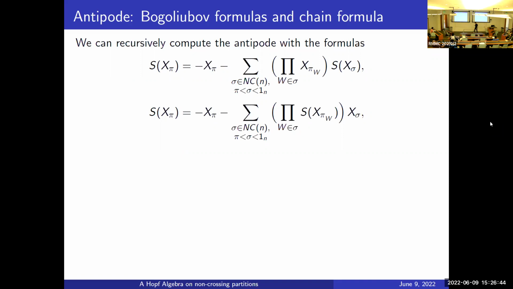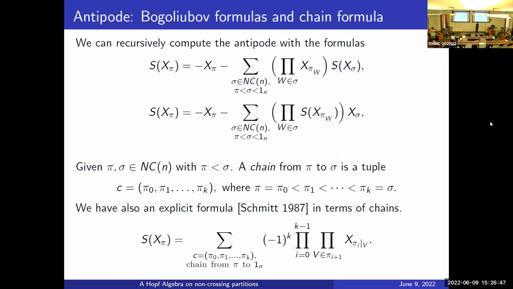Now, there's also a general way of giving a formula for the antipode that is no longer recursive, that is a specific way of telling you what the antipode is. And this can be done using chains. A chain of non-crossing partitions is simply taking several partitions, one smaller than the other, strictly smaller, in the reverse refinement order.